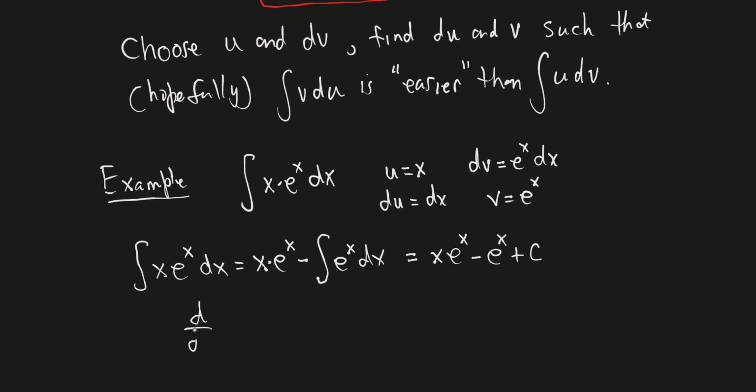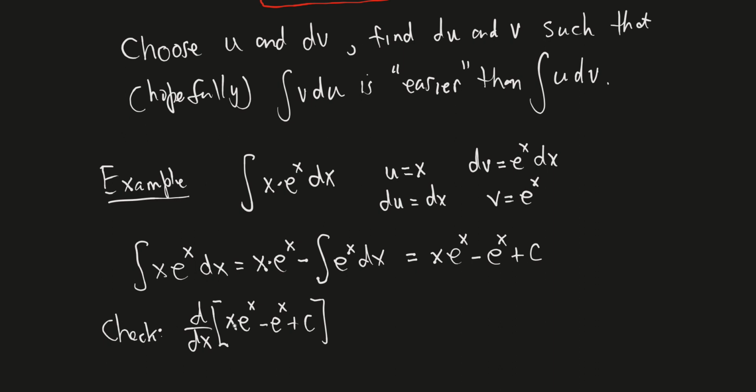So d dx, this is our check. If I now take the derivative, you'll notice that anytime you check a process like this, to work backwards, you will always have to differentiate a product. So you're going to have to use the product rule.